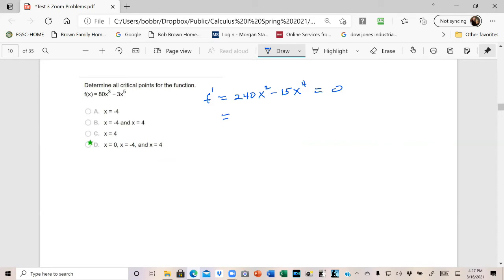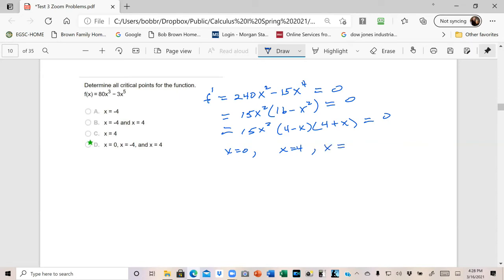We can factor 15x squared out and leave 16 minus x squared equal to 0. You can further factor that into 15x squared times (4 minus x)(4 plus x). Set that equal to 0, and you see the critical points are x equals 0, x equals 4, and x equals minus 4. And that's answer D here.